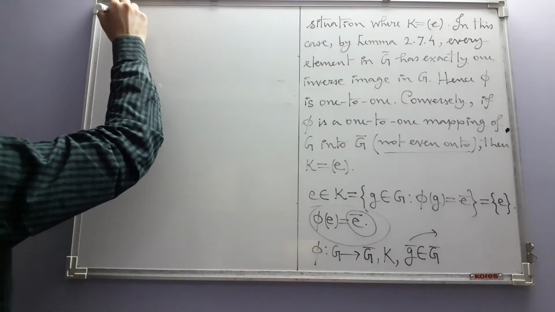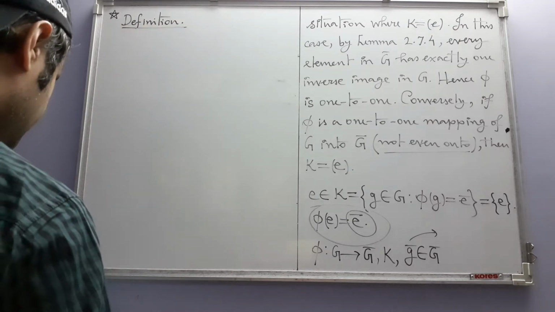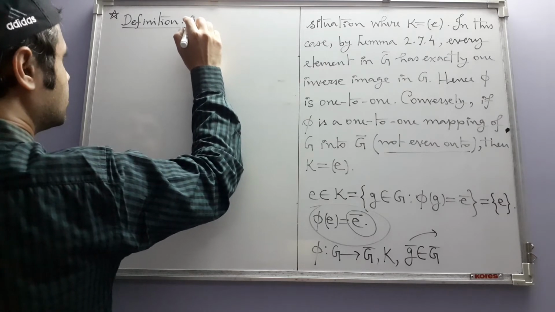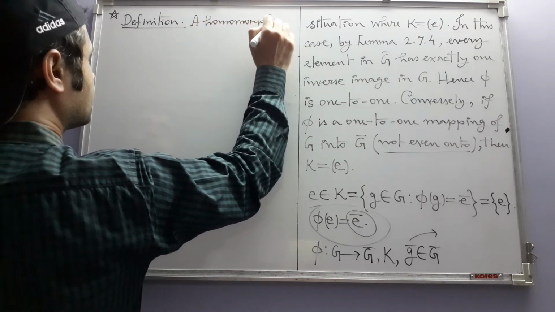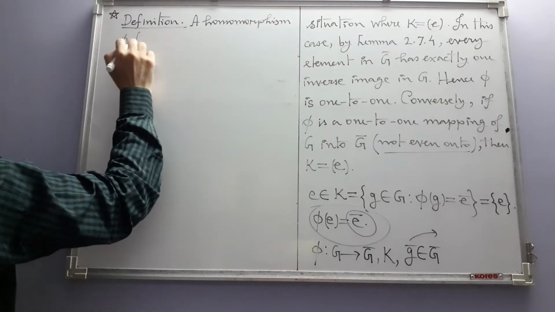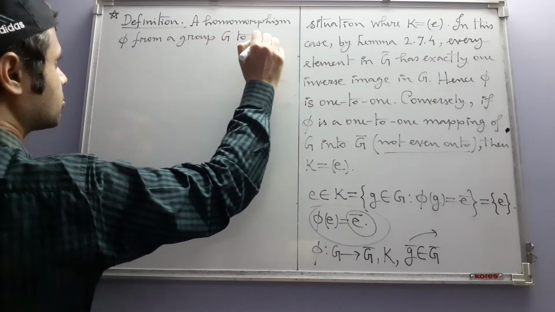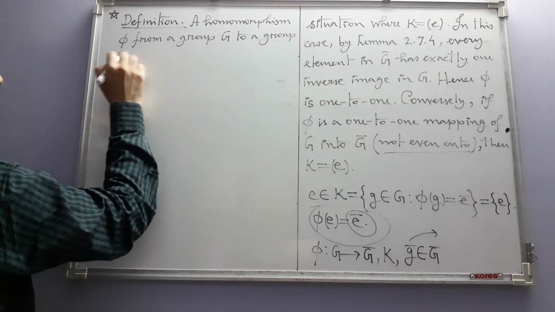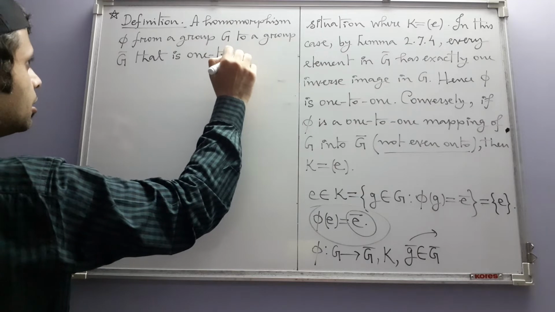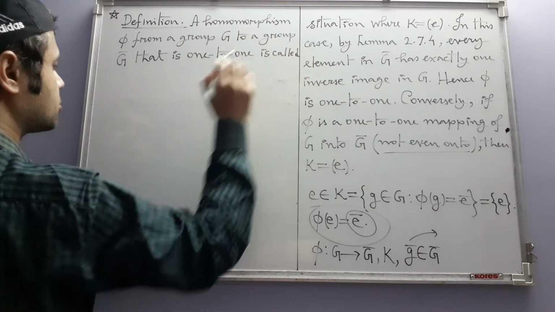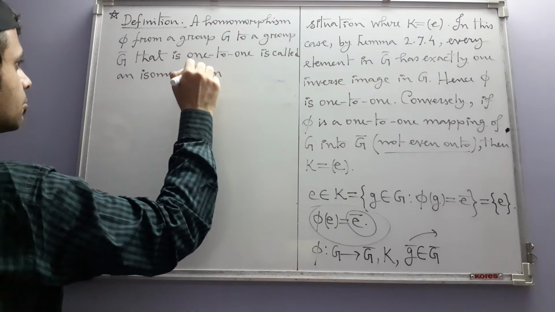So here is the definition. And it just is this: a homomorphism phi from a group G to a group G bar, that is one-to-one, is called an isomorphism.